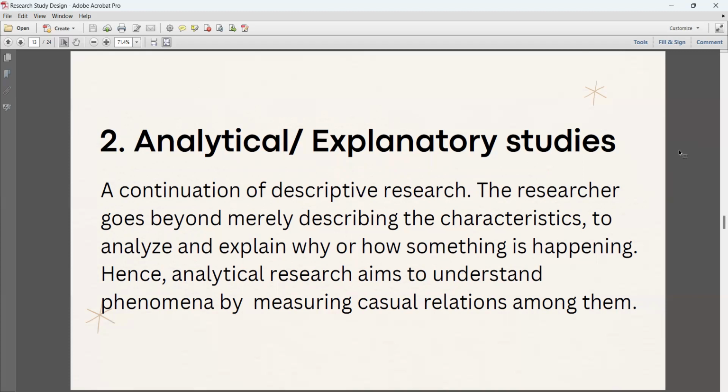For instance, we've conducted a descriptive research to understand the characteristics of cervical cancer in, say, town B. And we've discovered that the most affected age group is age 15 to 44. Now from this descriptive information, we start to develop a hypothesis, which we will test in an analytical study.